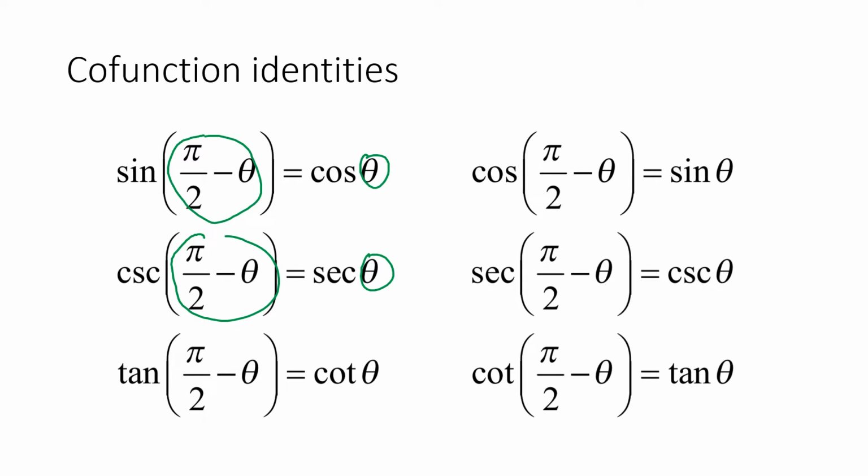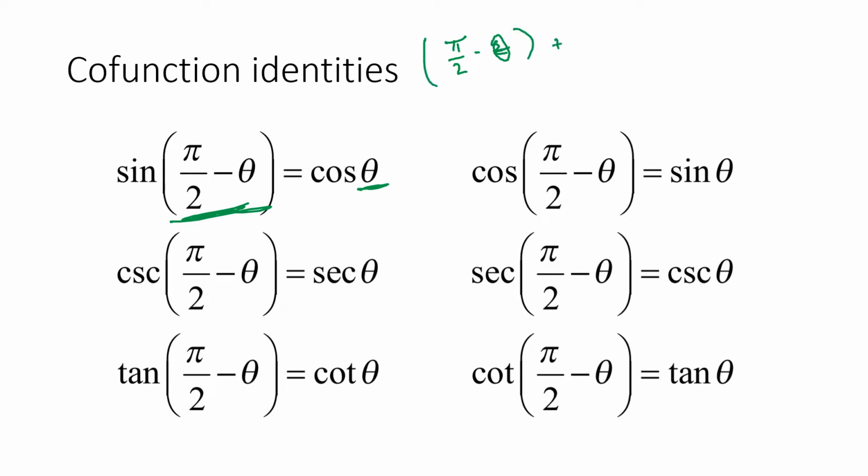All that means is that if we take the two angles, so let's say we take this angle and add them together, what's going to happen? Well, theta plus negative theta is just 0. So that's going to give us just pi over 2 or 90 degrees.